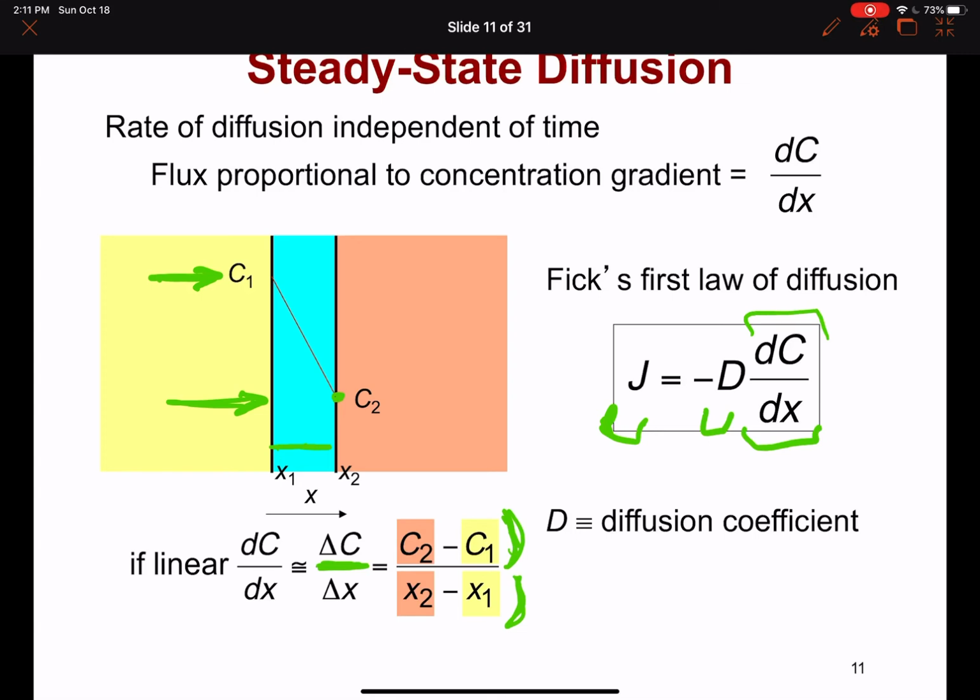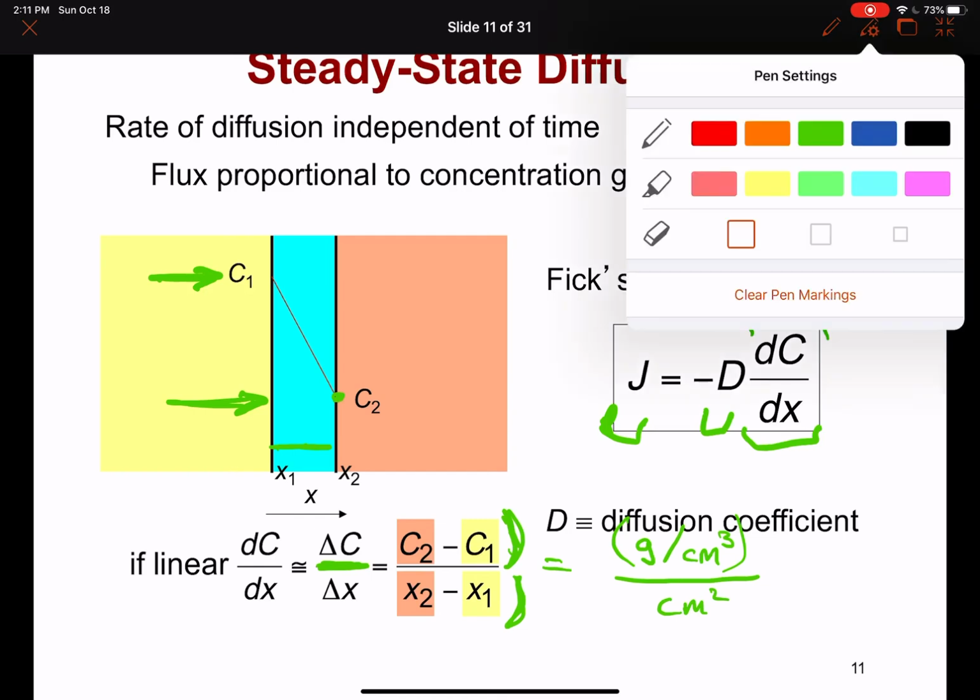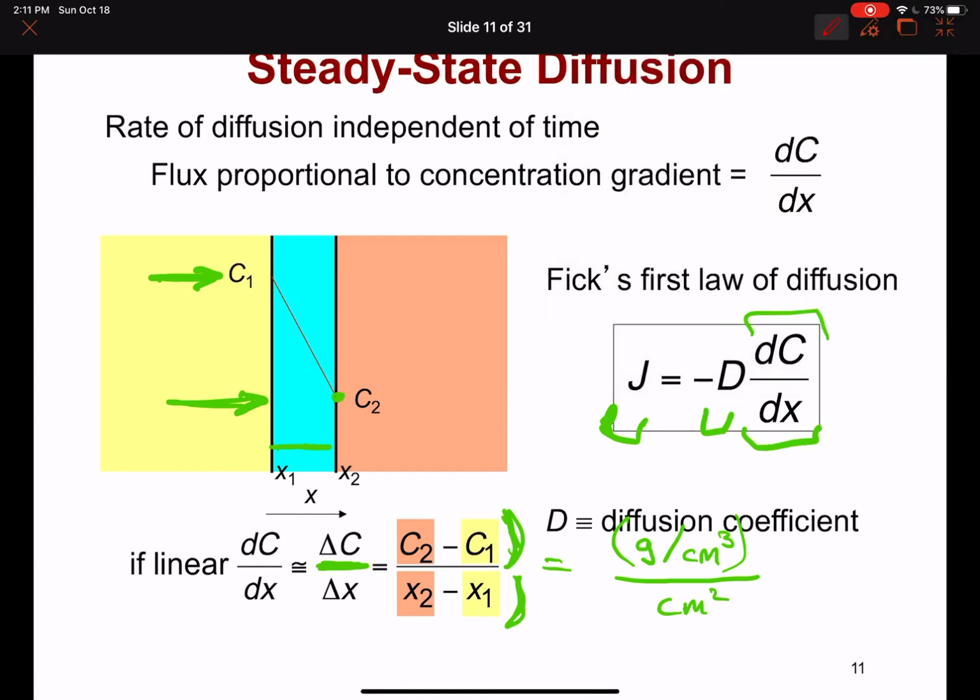Okay, so for example, the top might be in units of, say, grams per volume, and we would be dividing that by a distance in centimeters, for example. Centimeters singular, sorry. Let me clean that up before you read it too much. There we go.